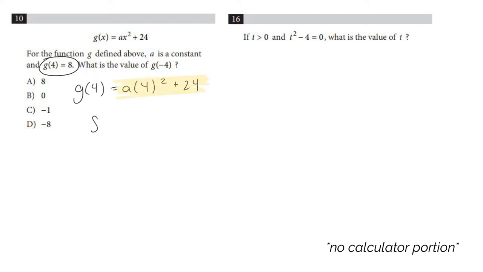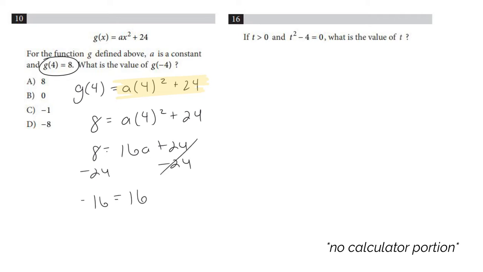I can write it out 8 equals a times 4 squared plus 24. So that means that I will have 16a plus 24, and then I have a two-step equation that I need to solve. So negative 16 equals 16a, divide both sides by 16, so I get negative 1 is equal to a.